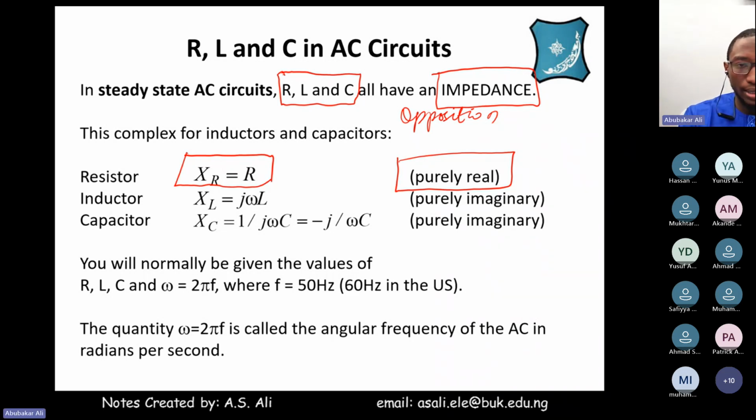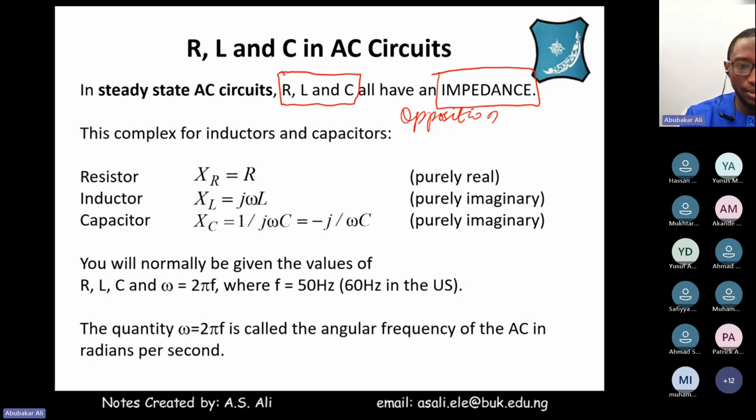However, for an inductor, the opposition XL is jωL, where L is the value of that inductor. In the case of a capacitor, XC equals 1 over jωC, or you can write it as minus j over ωC.